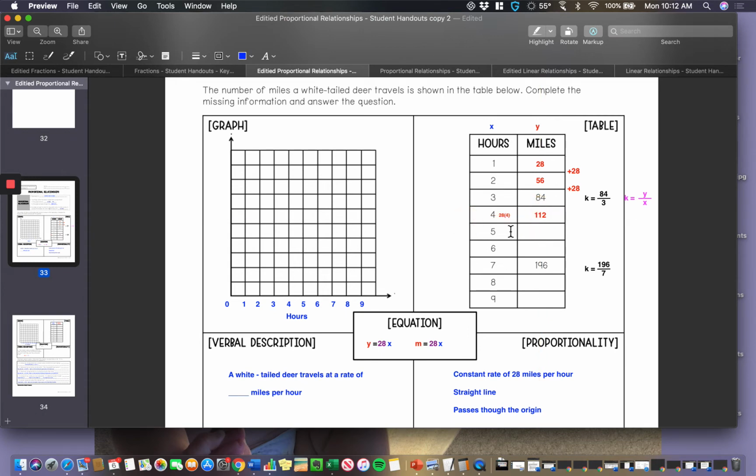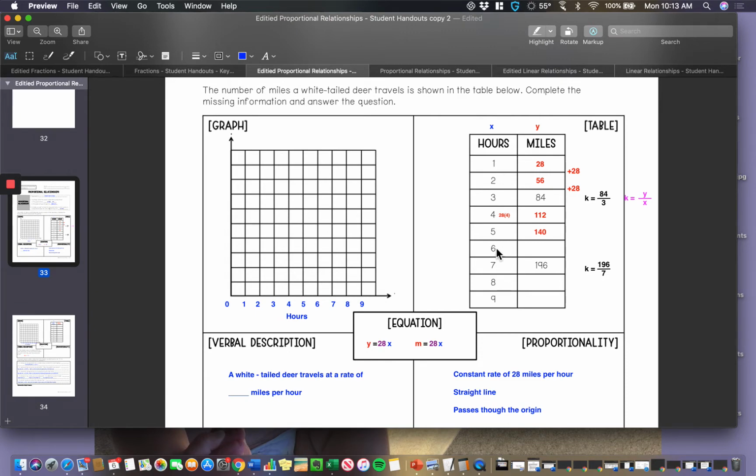Now I can continue this process all the way down. So 5 times 28 is going to give me 140 miles. Remember, I'm multiplying my constant by the number of hours. The constant is that this deer is going 28 miles per hour, meaning every hour he goes another 28 miles.